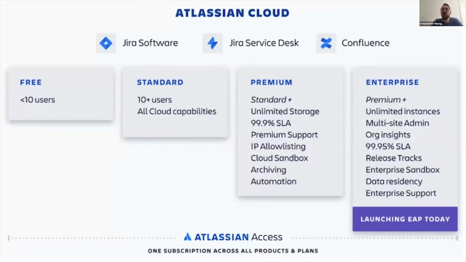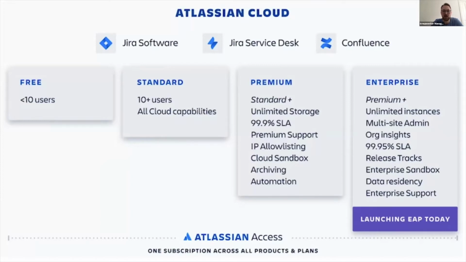With yesterday's announcement, we've seen that Atlassian just added one more plan to their native Atlassian Cloud offerings. There's this free plan for up to 10 users, so you can use all the Atlassian tools for free with up to 10 users.